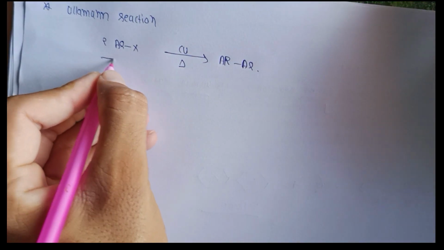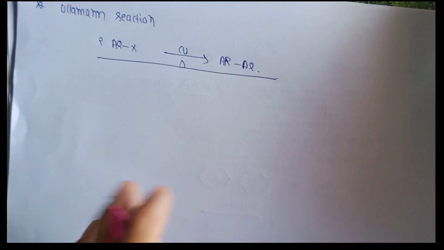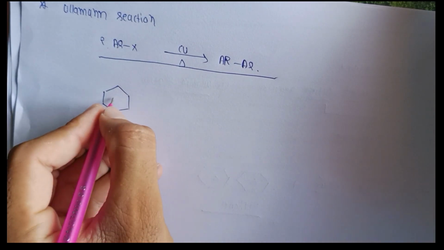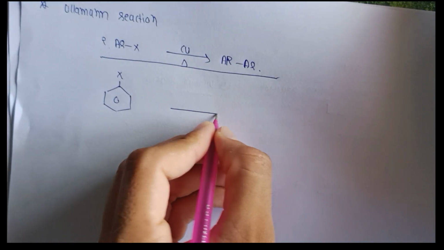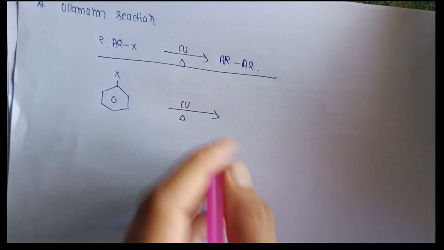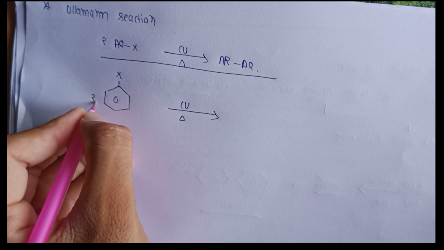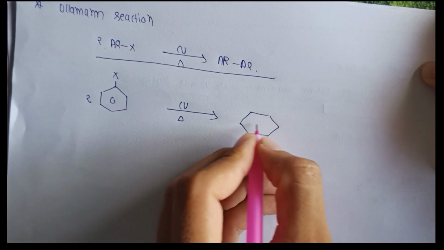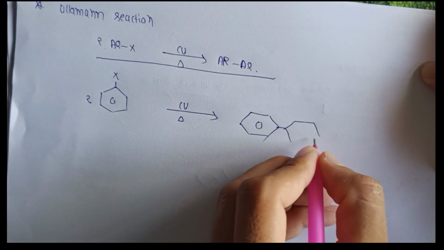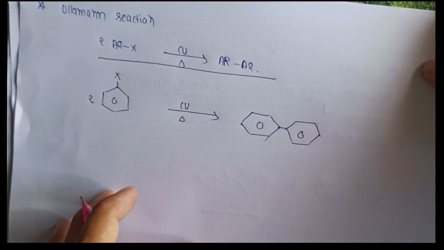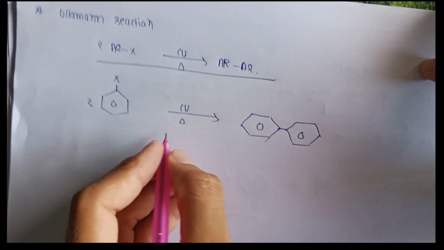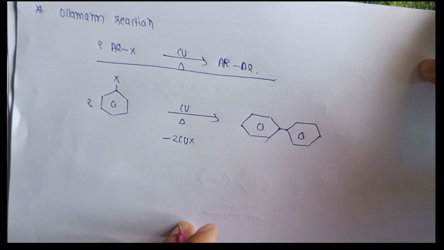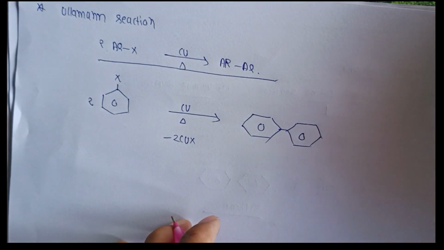This is the same as the Fittig reaction: 2 aryl halide compounds react in the presence of Cu, then the product is biphenyl, and the byproduct is Cu X. This is the Ullmann reaction.